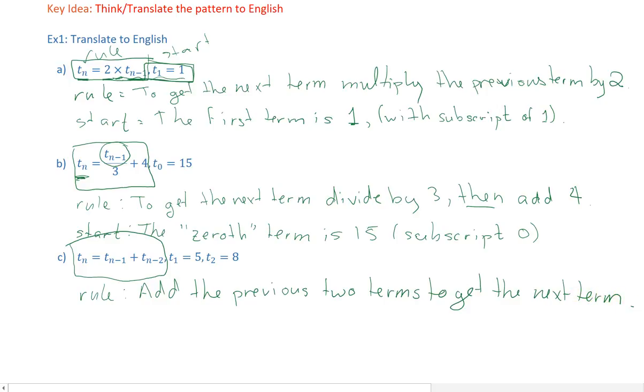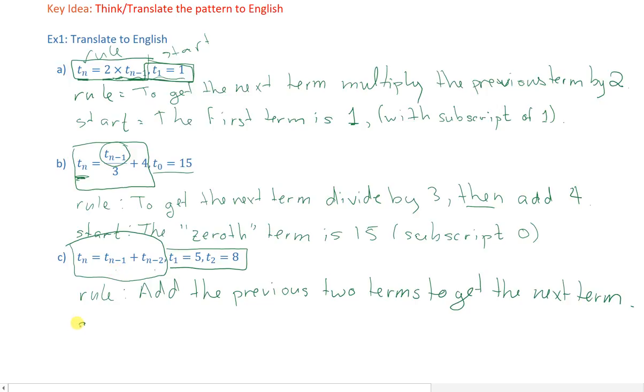When you're given a first order difference equation, you only need 1 starting point, whereas for a second order difference equation, you need 2 things to start with. Because to get term 3, I need to have both term 1 and term 2.